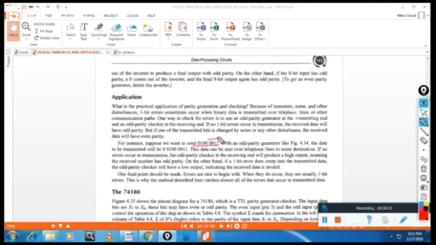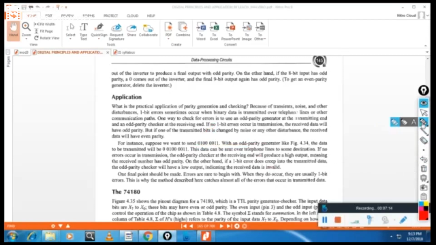This is the output of an odd parity generator, and it contains an odd number of ones. So due to disturbance, if one of the bits changes, that is, this bit 1 becomes 0, then the received data on the other end contains an even number of ones. When you pass the even number of ones to the parity checker, which consists of an exclusive OR gate, it gives output equal to 0, which indicates there is an error in the transmission. So this is the application of the parity generator and parity checker.